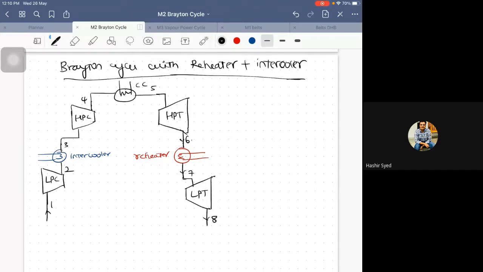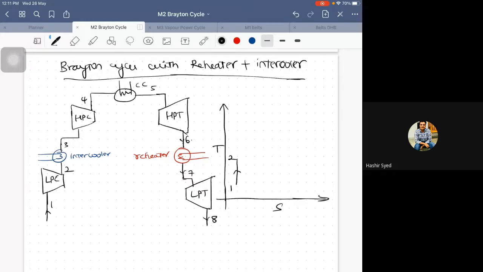Now, let me draw. Hashir, you have to help me out to draw a diagram for this. TS diagram. TS is more convenient to draw. Now, 1 to 2 is a low pressure compressor. So adiabatic compression is happening, isentropic. So what should I draw in a TS diagram? Hashir? Straight line. Very good. So I am drawing a straight line from 1 to 2.